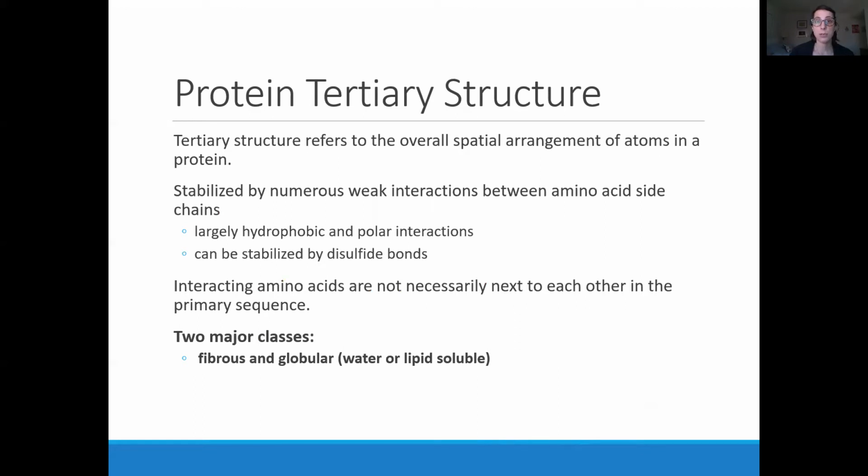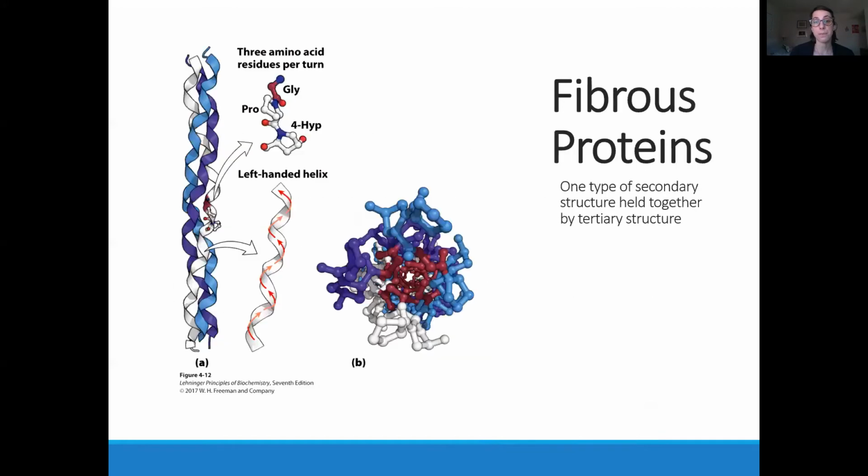Globular proteins usually have a tertiary structure that is, as it sounds, globular. It's a large, almost spherical formation, not in strands. So we're going to go through these two types of protein structures, how they're held together, and some examples of those tertiary structures. First is fibrous proteins.